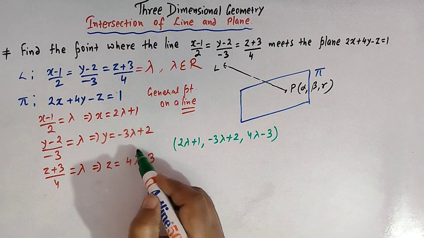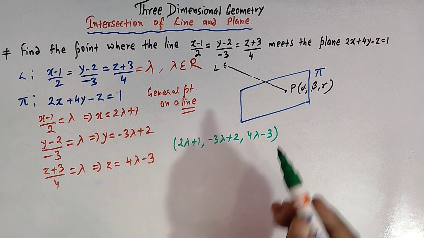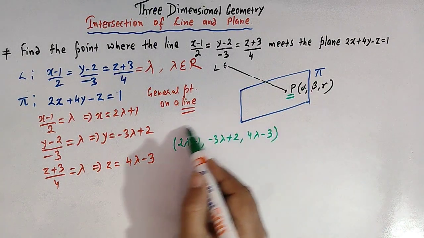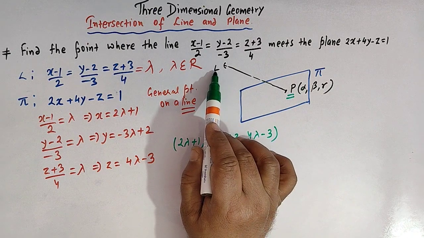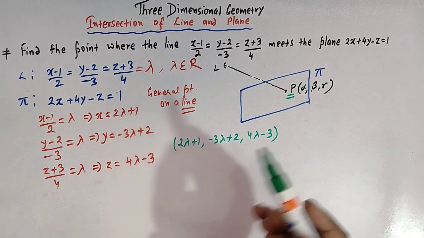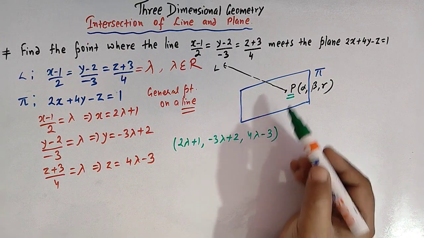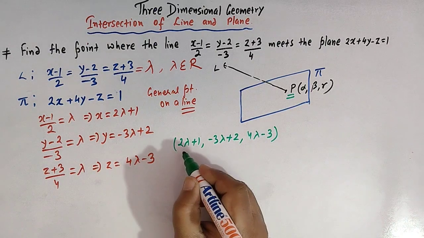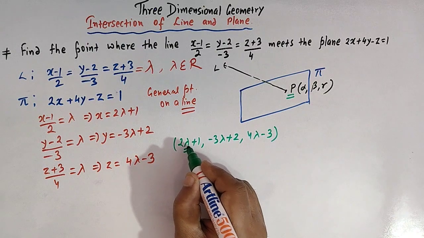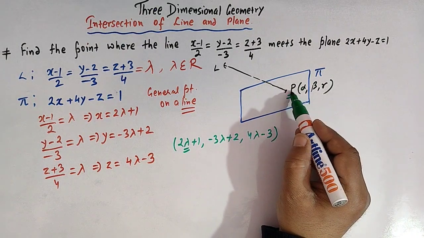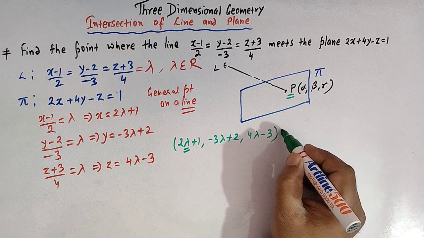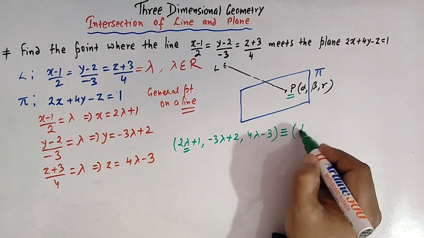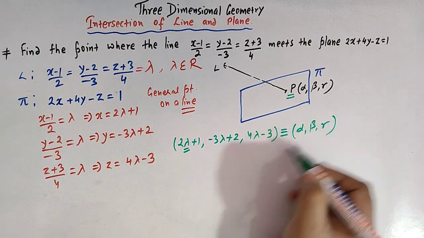For some value of lambda, we have the point P. This point lies on the line L for different values of lambda, and for some unique value of this scalar lambda, we'll get the point P. So let us equate this point to the point alpha, beta and gamma.